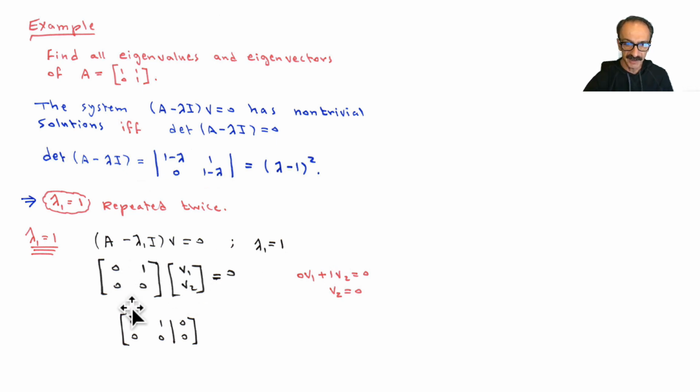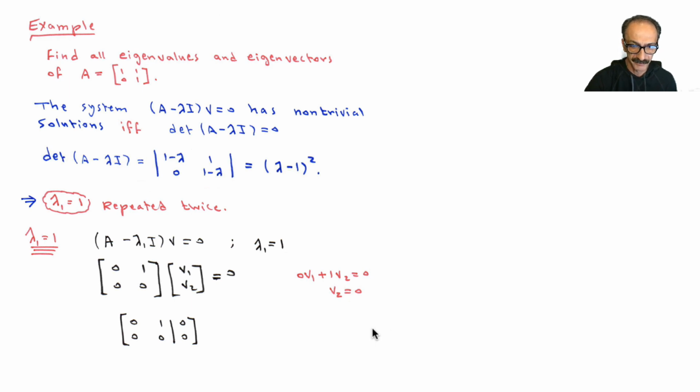If you want to translate this, I'm calling it v1 instead of x1 and x2. The vector v is v1, v2, so I'm using v1, v2. 0v1 plus 1v2 equals 0. 0v1 is just 0. So I have 1v2 equals 0, or in short, v2 equals 0.